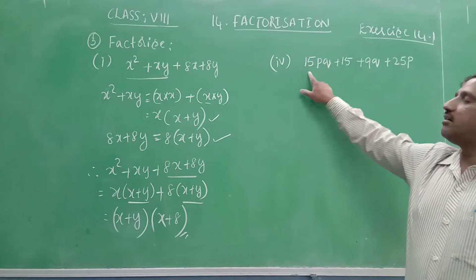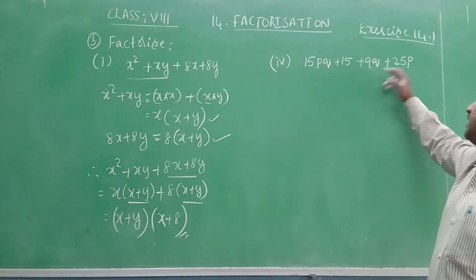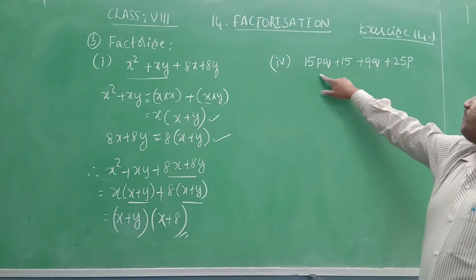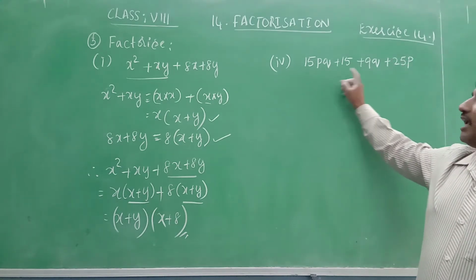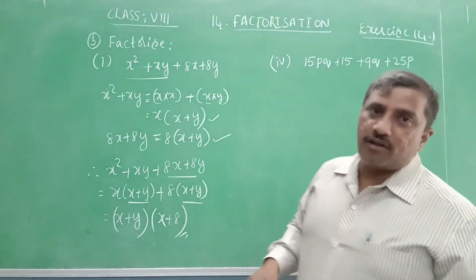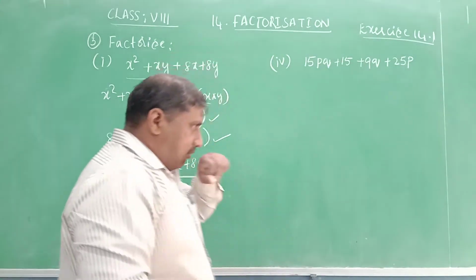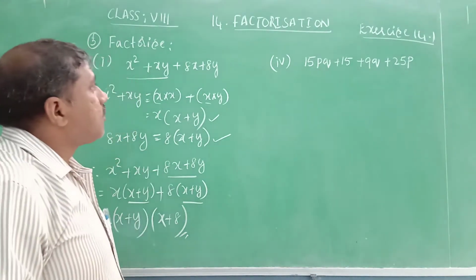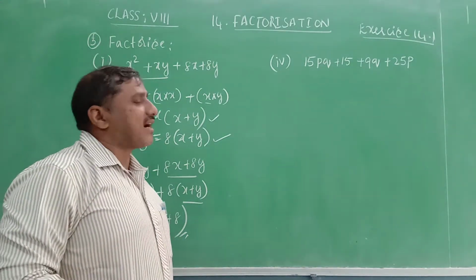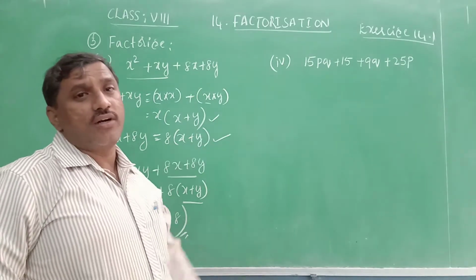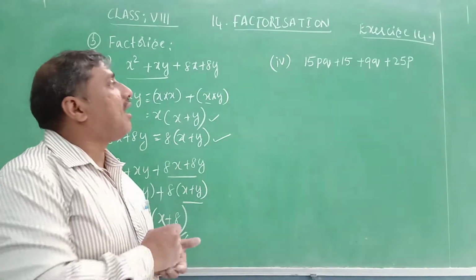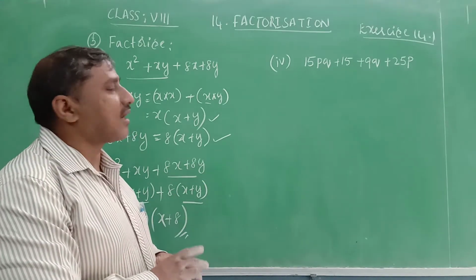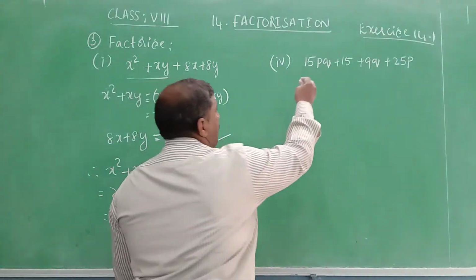These three are multiples of 5, but 9 is not a multiple of 5. 15, 15, 9 are multiples of 3, but 25 is not a multiple of 3. So we will not find a common factor for all the four terms, and the terms are also not in the regrouped form. You write them in regrouped form like this.